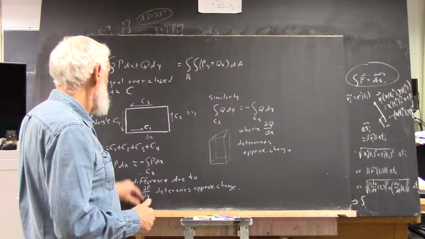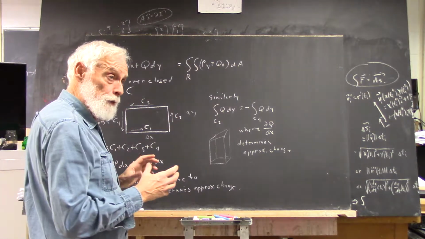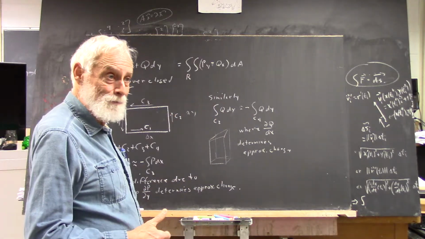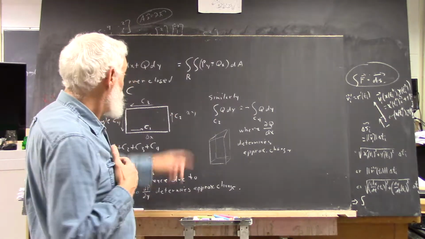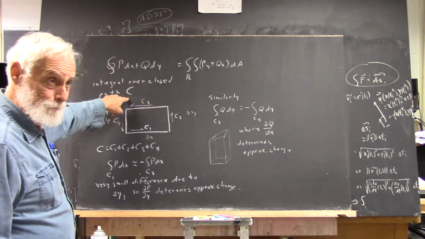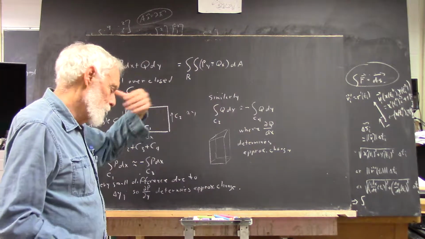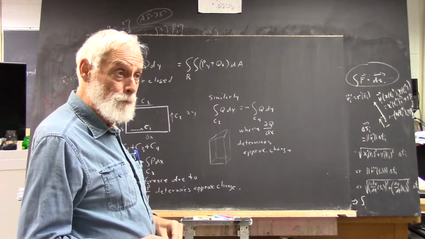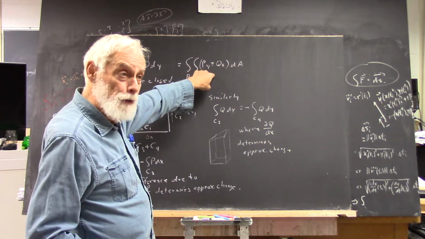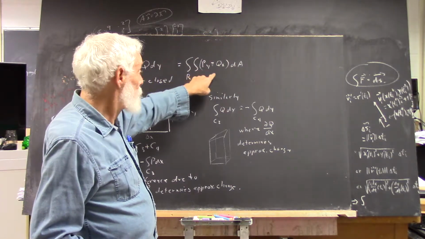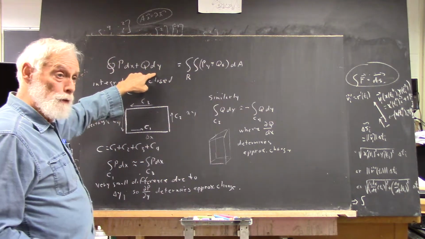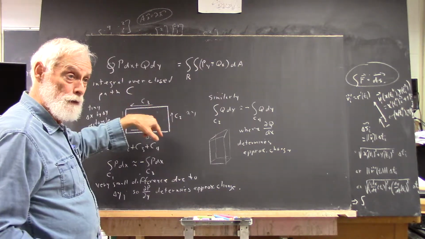Now, this can be expanded from little rectangles to any nicely shaped closed region, okay? And this is a closed region. R is the region that bounds the path C. So any path, well, we'll get into the details of it. What this does is it relates an area integral of py minus qx to the line integral around the curve.